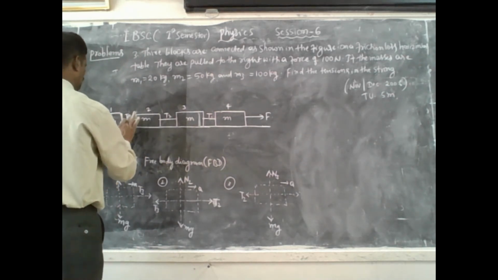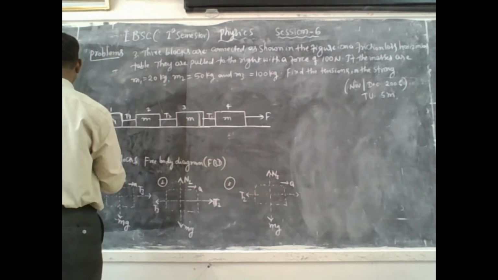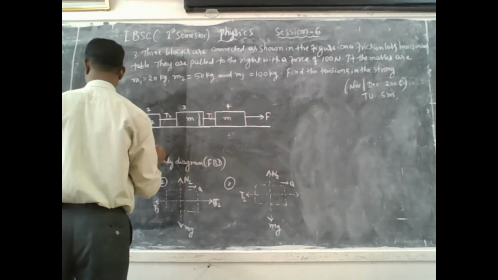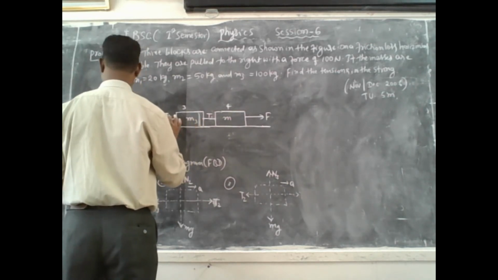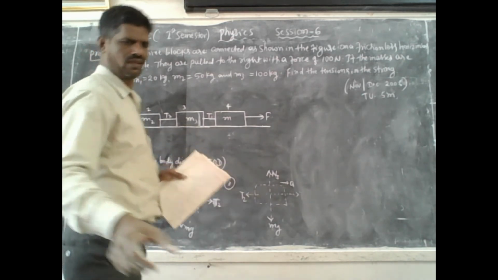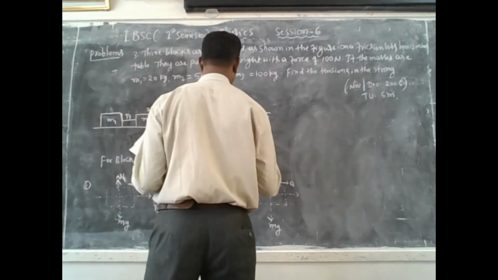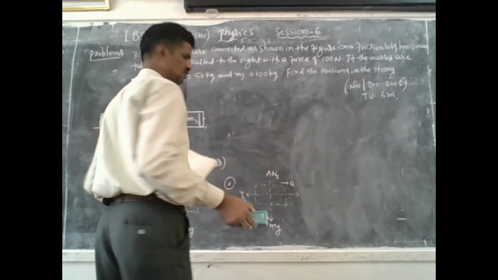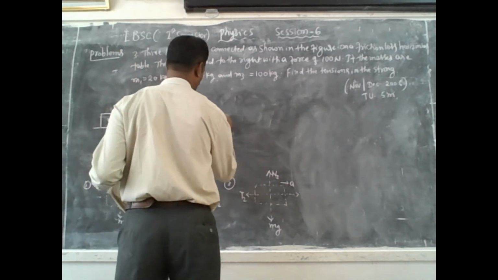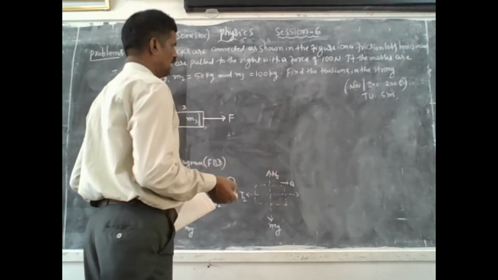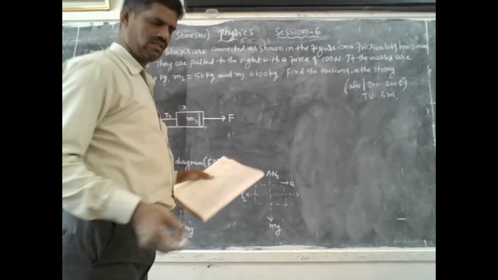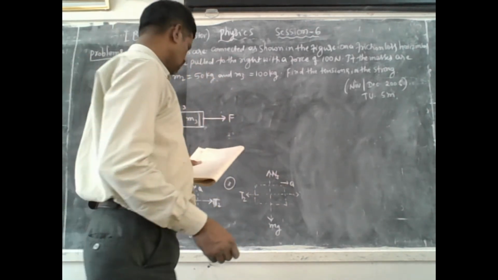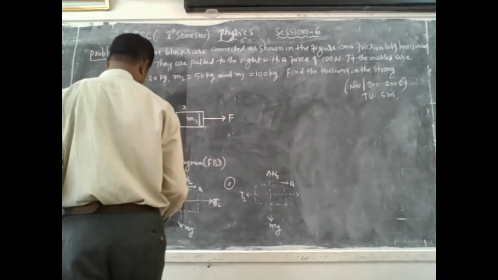Now M1, here is T1, as shown in the figure. M2 and M3, T2. The diagram is same as we did in the earlier case. So now the FBD diagram, along the x-axis and y-axis.